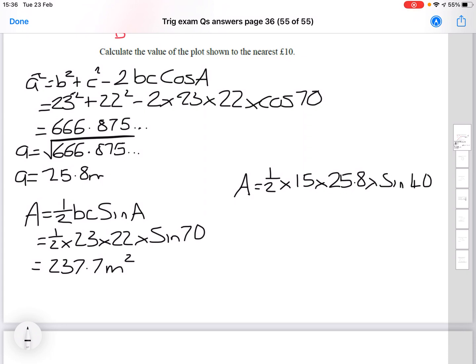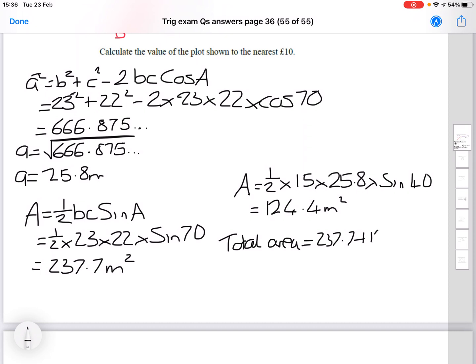You can put letters on that triangle if you want to, but at this point it would be fine just to do the working with the numbers in the calculation. So the answer for this one is 124.4 metres squared.